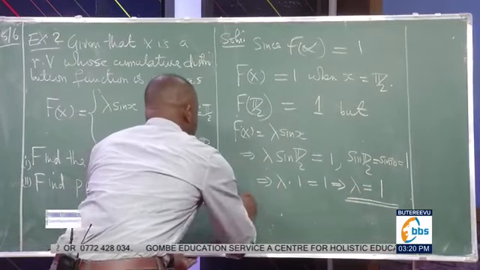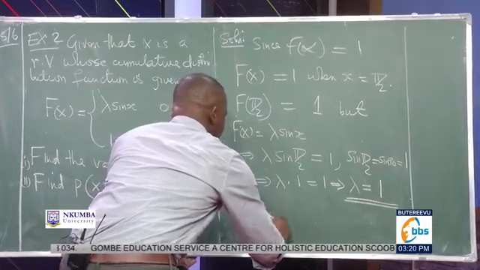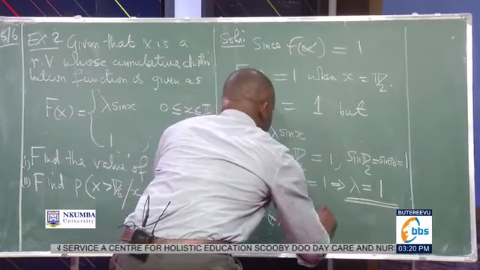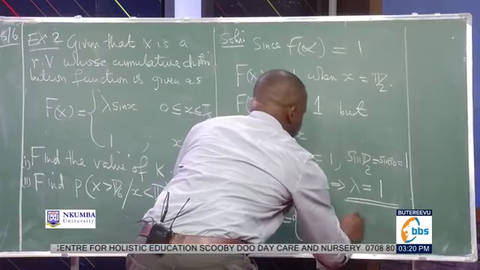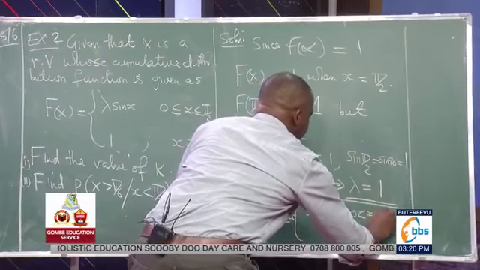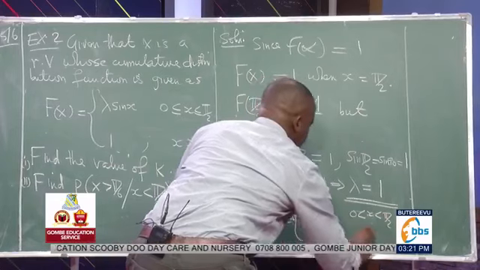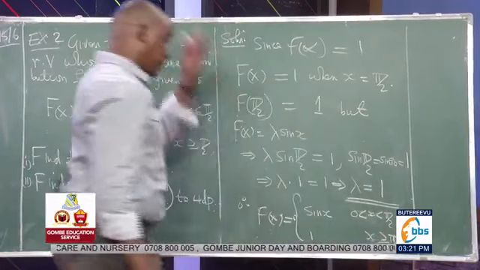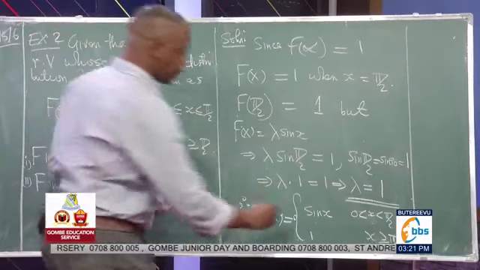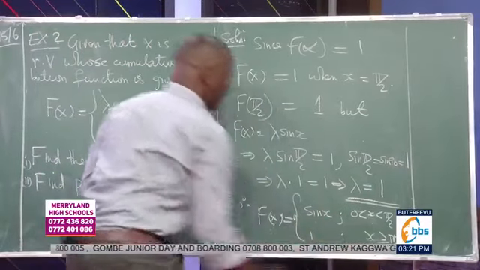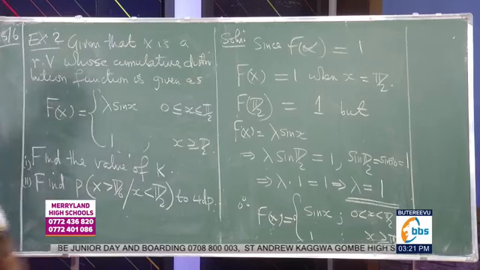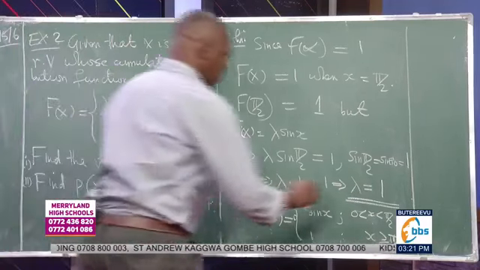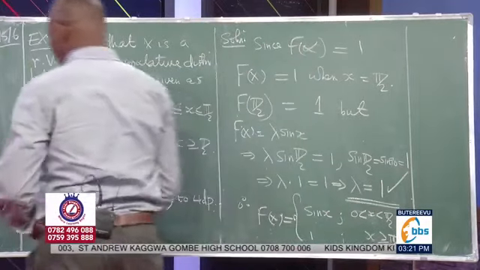And therefore, it is important that you restate the function and put in the value of lambda. Once you get the constant, it is always important to restate or rewrite the function given. But the question was asking us to find the constant.